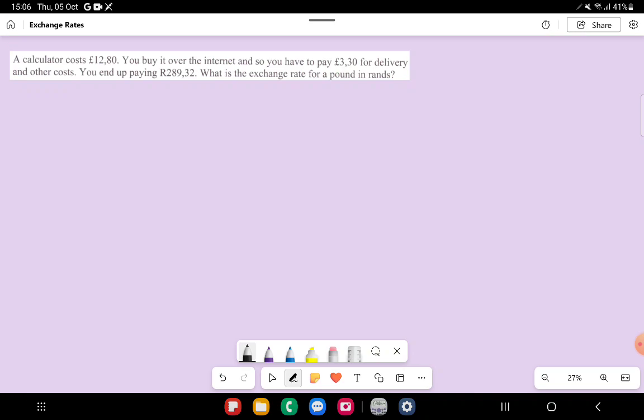So in our previous example, what we saw was we made an equation where we said one currency, pounds, is equal to another currency, rands, right? On our rand section, we have an amount of 289 rand and 32 cents. That's straightforward. But on the pound section, we have two numbers, right? We've got 12.80 and we've got 3.30.